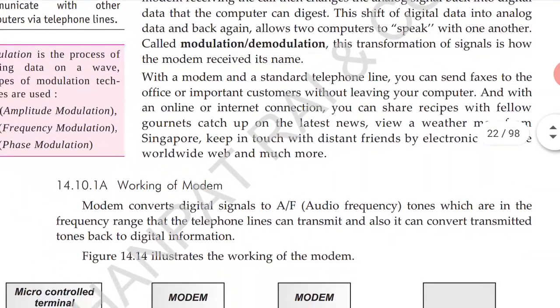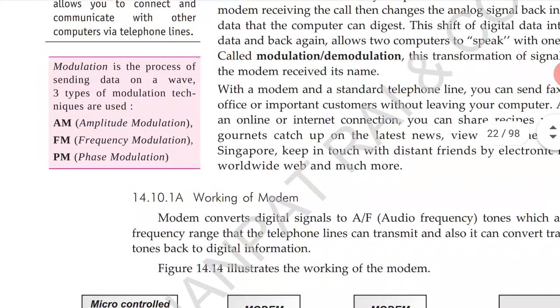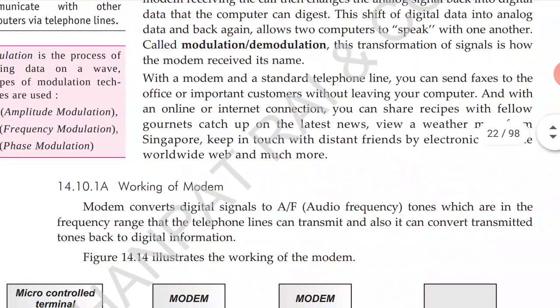So the main purpose of a modem is to do modulation. Modulation is the process of sending data on a wave. Three types of modulation techniques are used: AM amplitude modulation, FM frequency modulation, PM phase modulation.